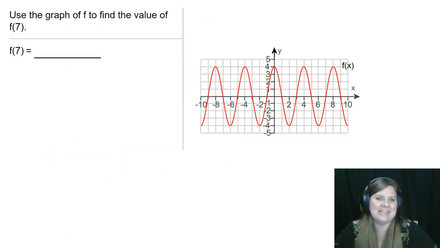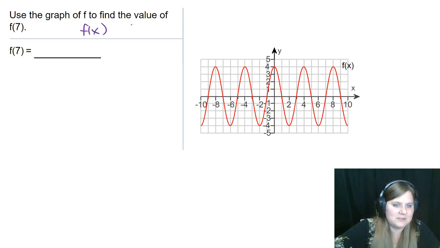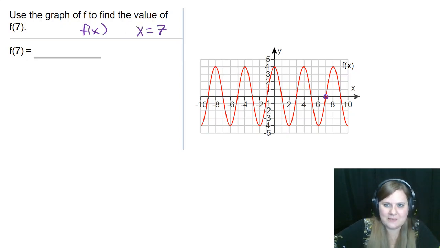Now let's go to this slide. Take a look at this graph and find the value of f of 7. Okay, so f of 7, remember this is f of x. So we're saying x equals 7. So x equals 7 right here, all right?